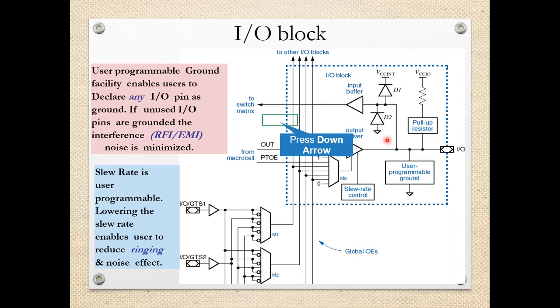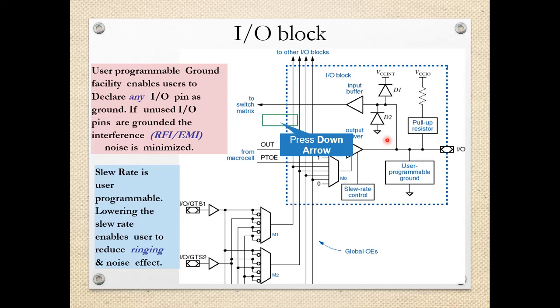There are multiple IO pins available, and out of those any pin we can declare as a ground pin or IO pin, and the unused pins are always grounded to minimize the EMI RFI noise.